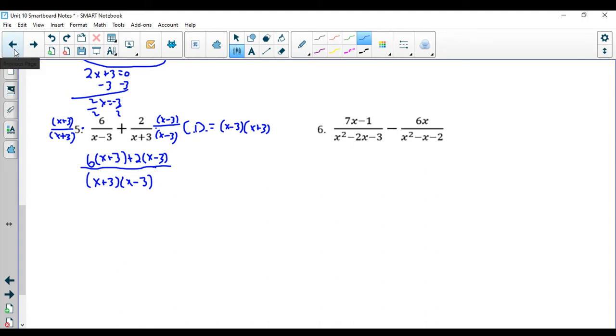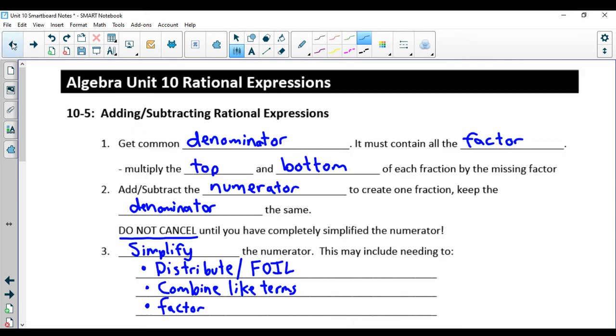All right, again, this is where people want to cancel. We cannot cancel because of this plus sign. So I can't do that. Again, go back to your steps here. We cannot cancel right now. We have to distribute, FOIL, combine like terms, factor.